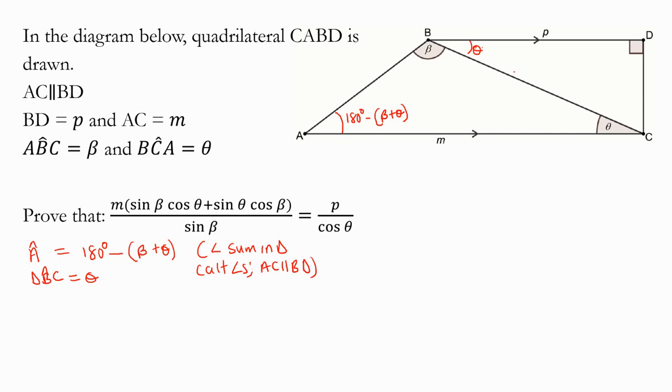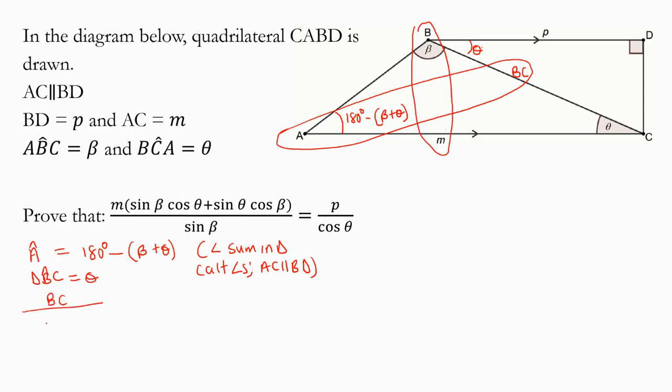Now let's find BC using triangle ABC. This is the side BC and its angle, and then we have the side M and its angle. So we can say BC over sine of (180 degrees minus (beta plus theta)) is equal to M over sine beta.